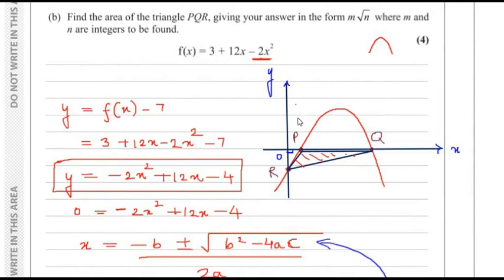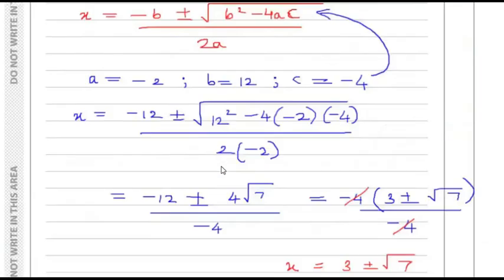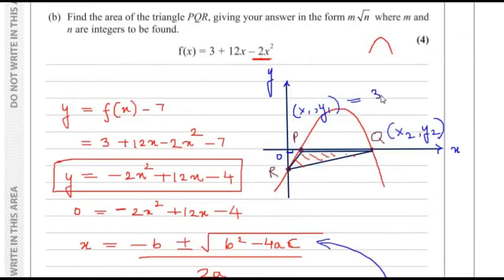Here I can take x1, y1 for P, and for Q I can take x2, y2. For P we had got the coordinates as 3 plus root 7, 0, and for Q it is going to be 3 minus root 7, 0. Let us substitute these values in the formula.